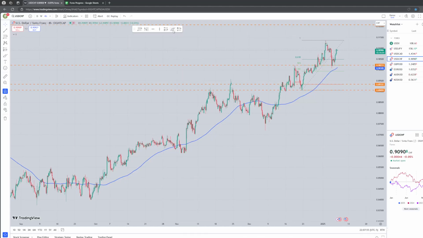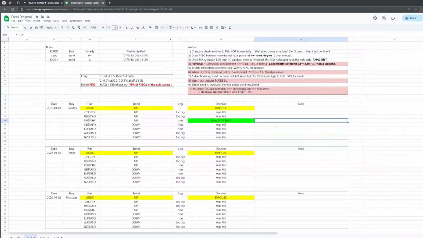So now what will happen if the market keeps retracing like this? So at this point it will consider it the fake out, right? If the market hits the stop loss, it will be considered the trend reversal.